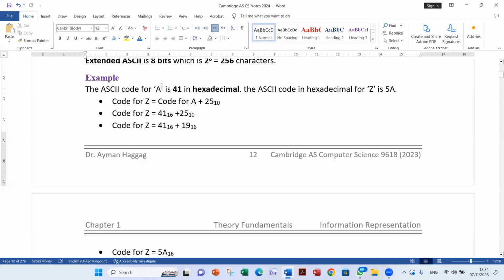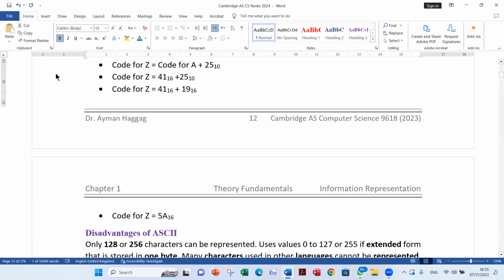The ASCII code for A is 41 in hexadecimal. What is the ASCII code in hexadecimal for Z? How can you find it? Just go and count A, B, C, D, E, F, G, and hopefully you don't forget a letter. Just go and write them down.